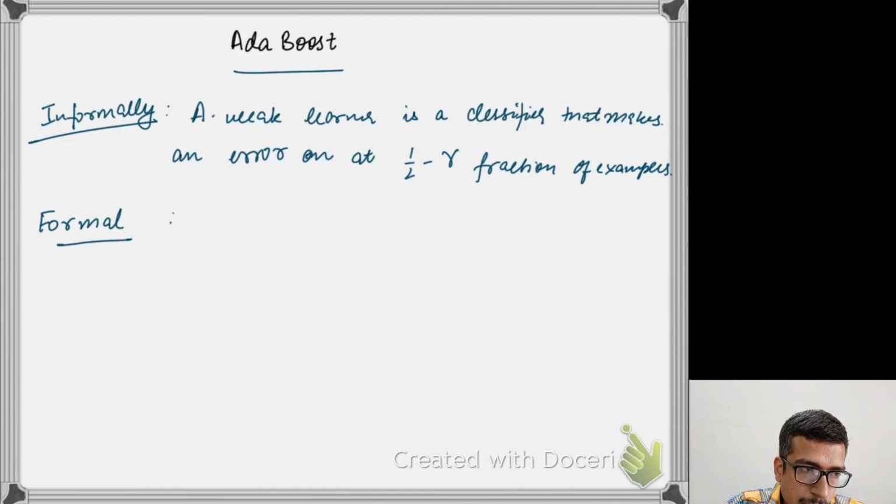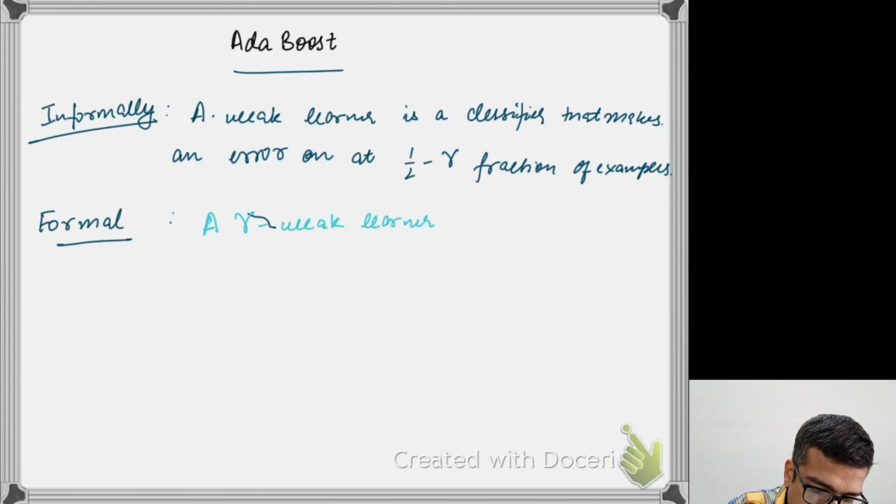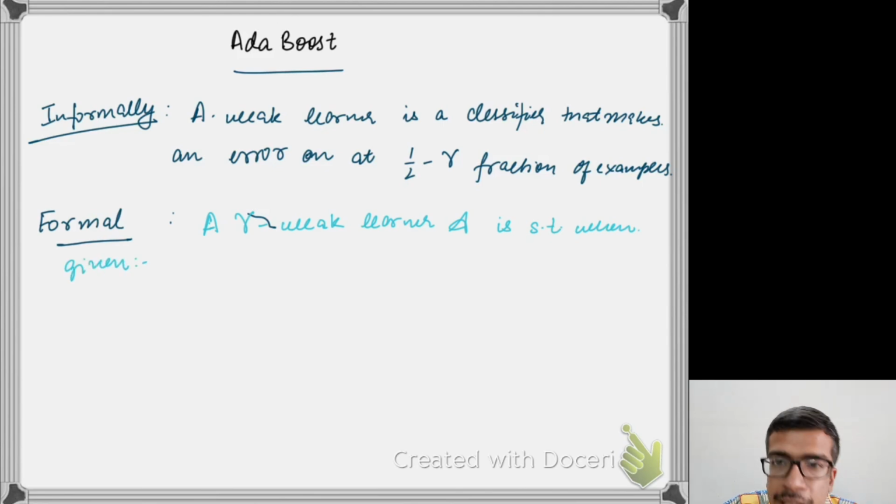So basically a gamma weak learner A is such that, when given, so what are we given? This takes in three things.